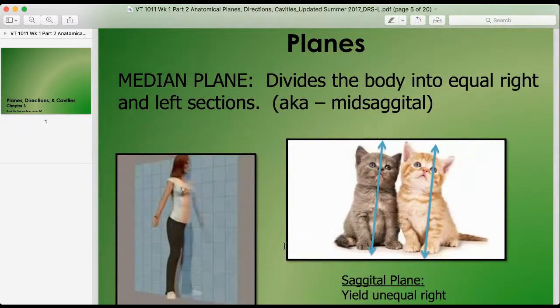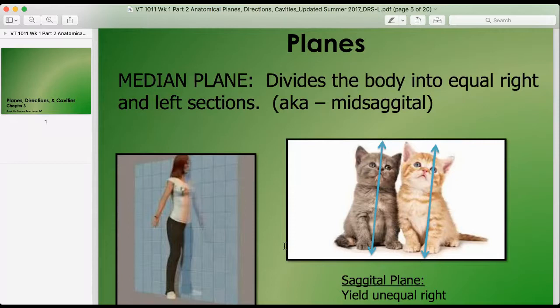So when we say planes, the median plane divides the body into equal right and left sides. Or we also call it the mid-sagittal, M-I-D-S-A-G-I-T-T-A-L. And I always recommend that you pronounce these words with me.